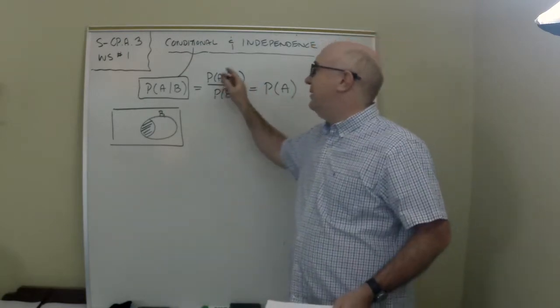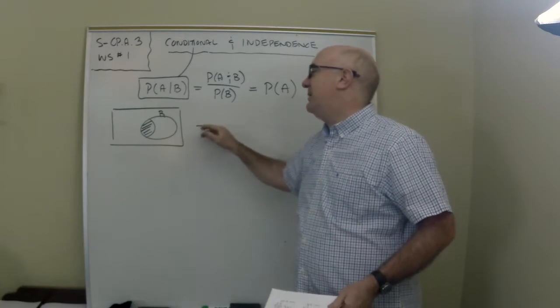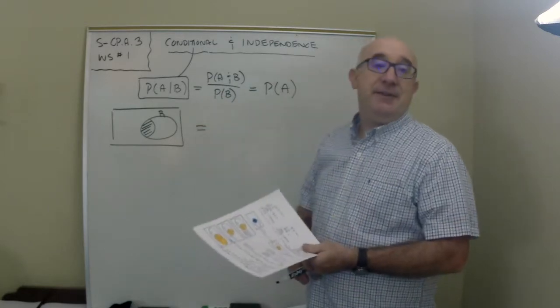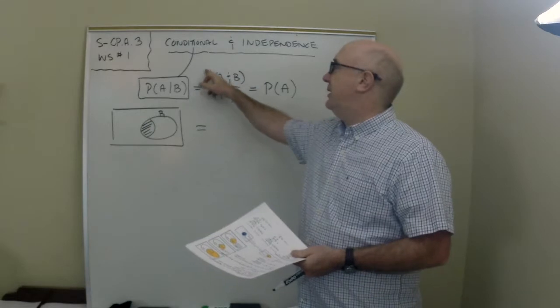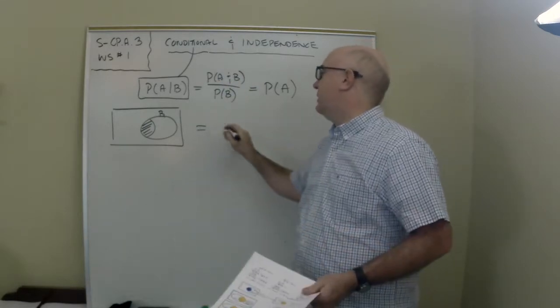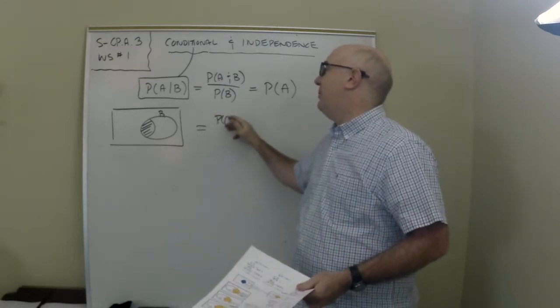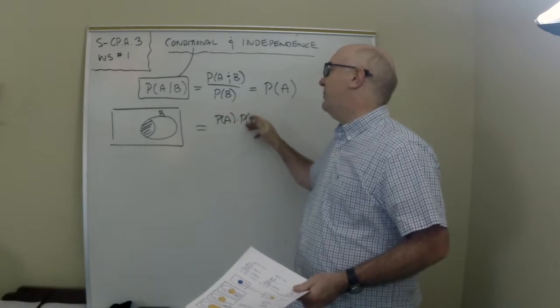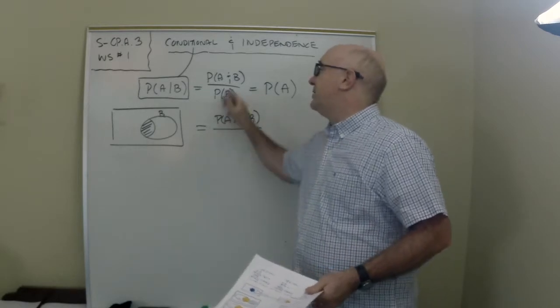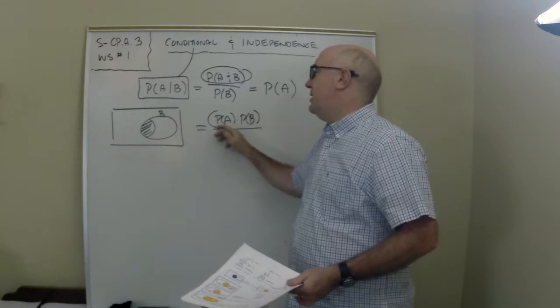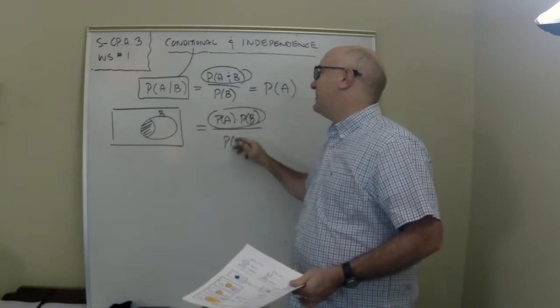And actually, let me show you why that would be. Let me simplify this. Now, if they're independent, we learned in a previous lesson that that would be the probability of A times the probability of B. So I make a substitution here. And guess what happens?